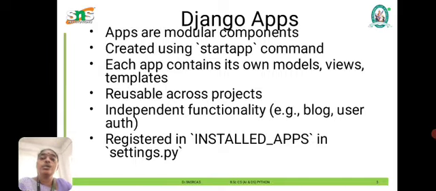It is reusable code with independent functionality, for example blog, user and authentication. The user is a separate process, authentication is a separate process, and blog is a separate process. It is independent functionality. Registered in INSTALLED_APPS, whenever your app is installed, the app path is set in settings.py.